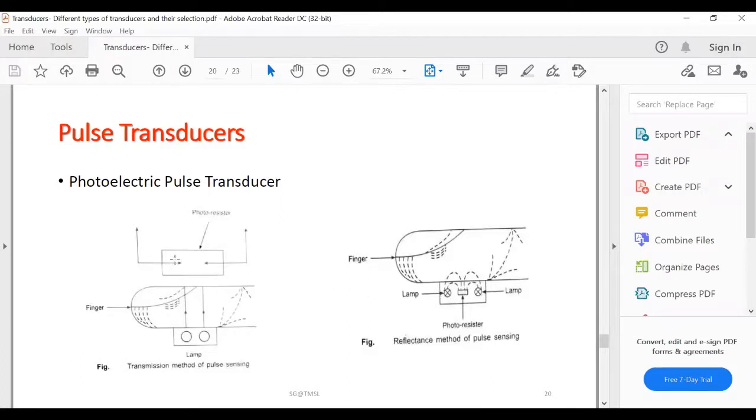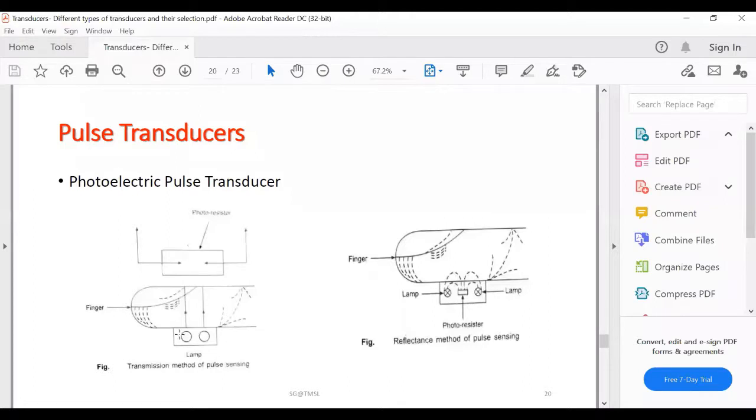In the transmittance method, there is a miniature lamp and a photoresistor mounted in an enclosure which fits over the tip of a finger. So this is the finger, and below it the lamp is there, and over here the photoresistor.